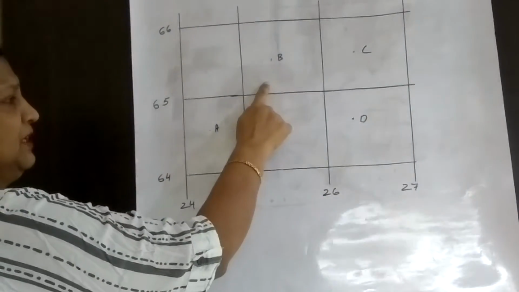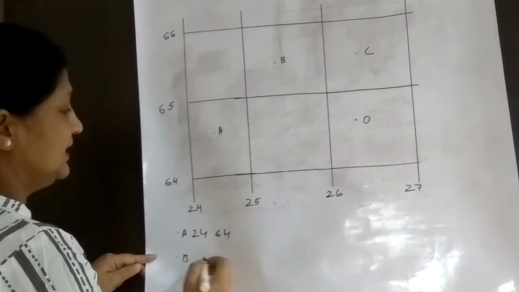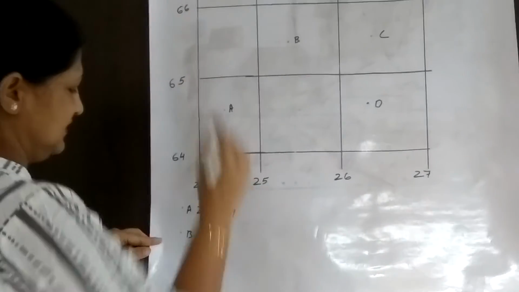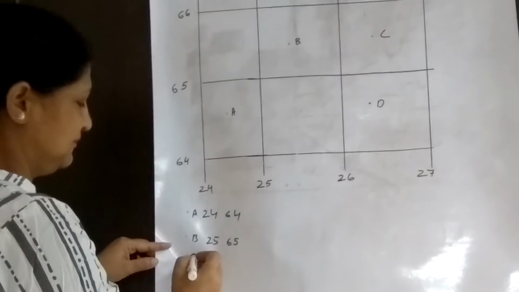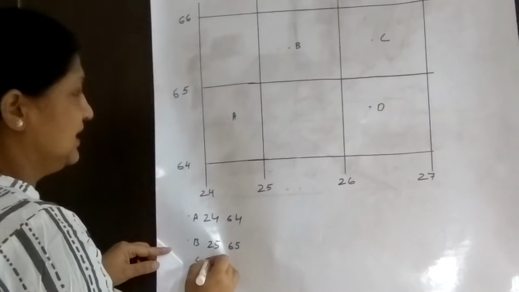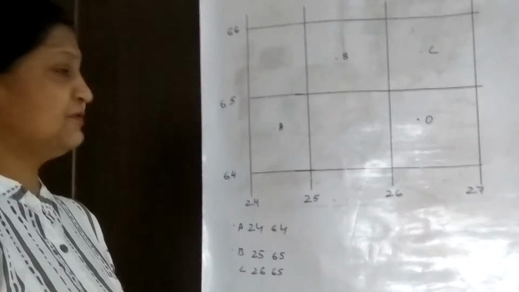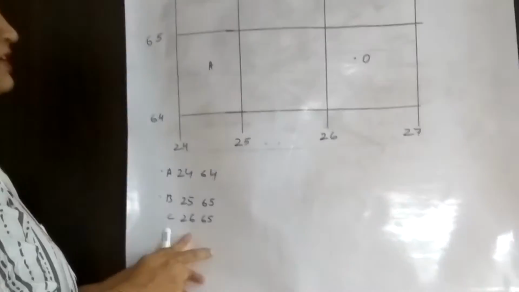Similarly, if we locate point B, the location of point B is 25 and 65. Similarly, the C grid is 26 and 65. So this is known as the 4 grid reference. It is given so that you can understand very easily which grid it is.